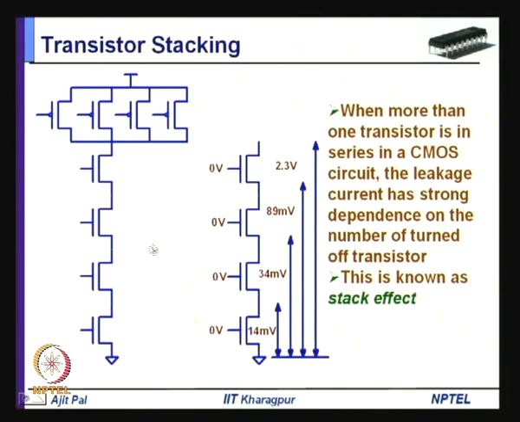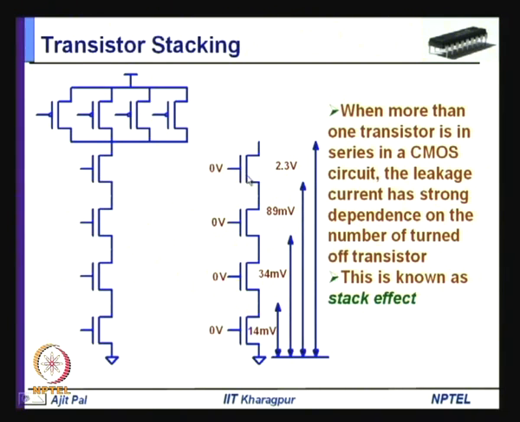So, in this way you can have 16 different combinations, and those 16 different combinations lead to different numbers of transistors off in this cascade. So, let us consider the situation when you have applied 0 0 0 0 to this.